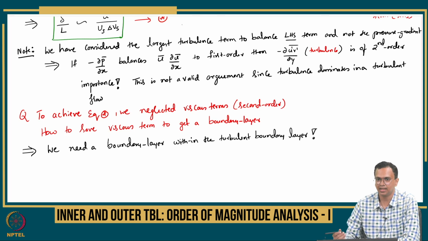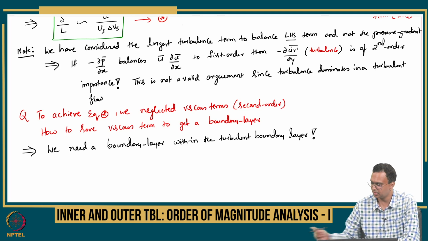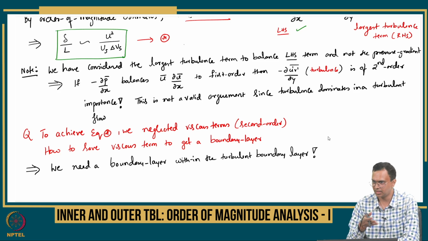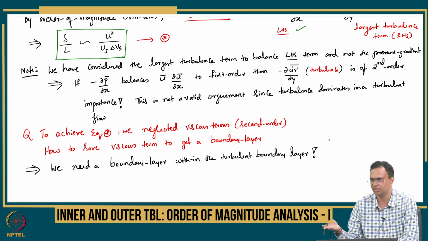So then what is that layer that we have already seen where this equation star happened? There is a region inside your turbulent boundary layer where the largest left hand side term, u bar dou u bar by dou x, is balancing the largest turbulence term. But we must go to another region very close to the wall, where we want to save the viscous term also and the turbulence term.